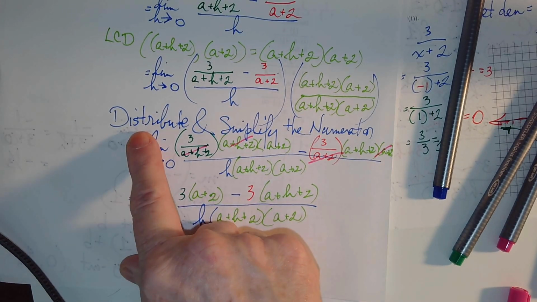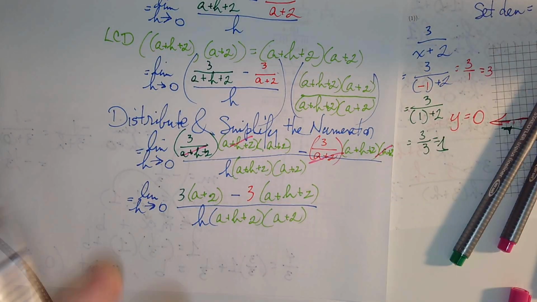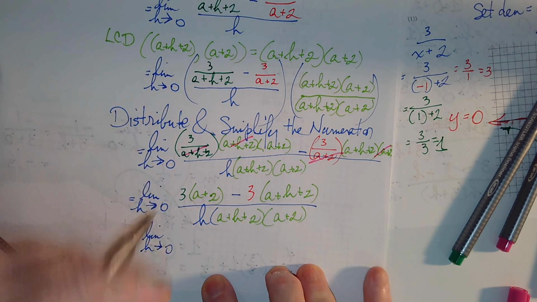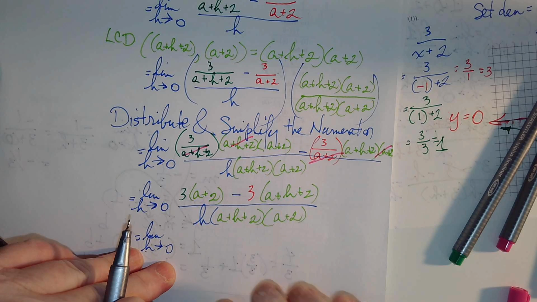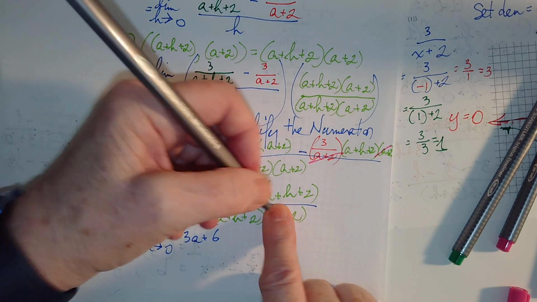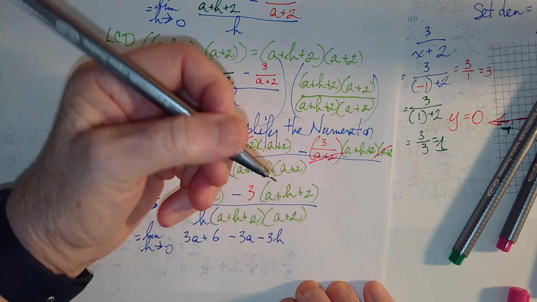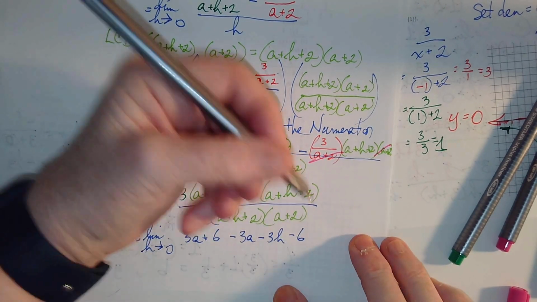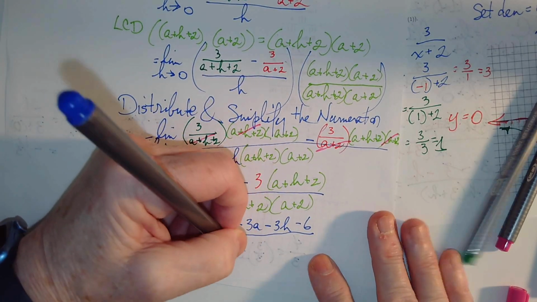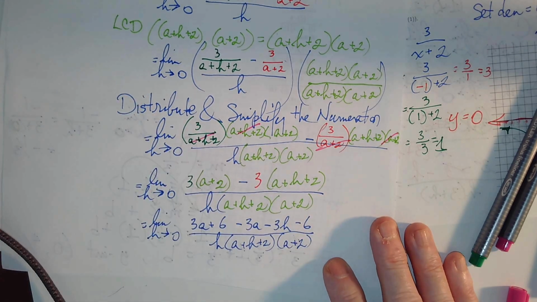Now we want to continue to distribute and simplify the numerator. So let's multiply out and see what we've got. We've got 3a plus 6, negative 3a, negative 3h, negative 6, and in the denominator, h times a plus h plus 2 times a plus 2.